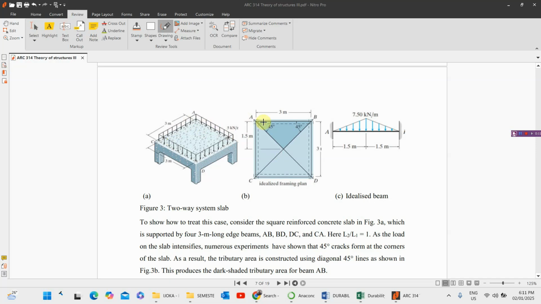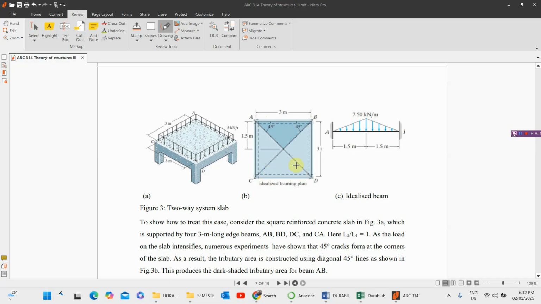Unlike the other one where we have a single beam, for this one they are all carrying the same load. The load is distributed in this format because it's a two-way, that is, they distribute the load equally. So let's say we have 4 people carrying this particular slab. Each one will carry this particular point of load.